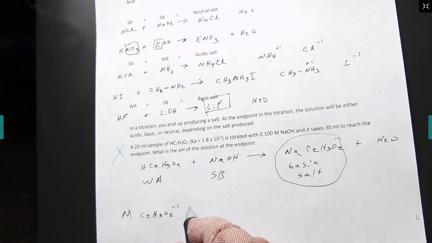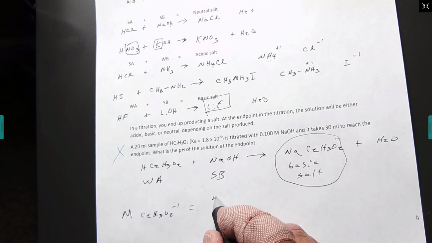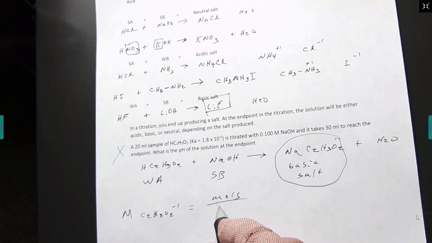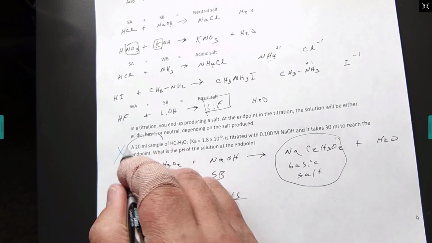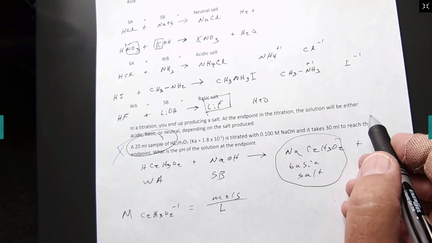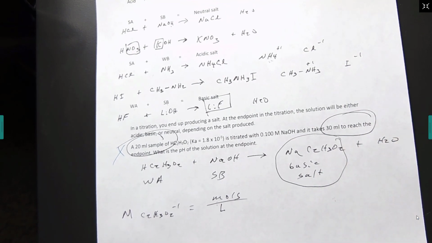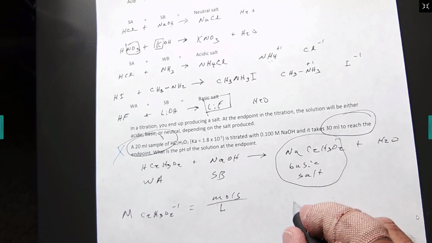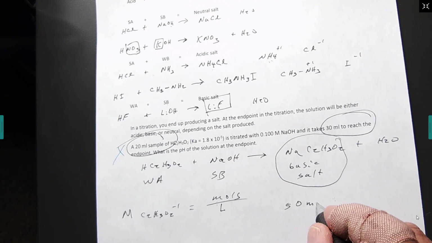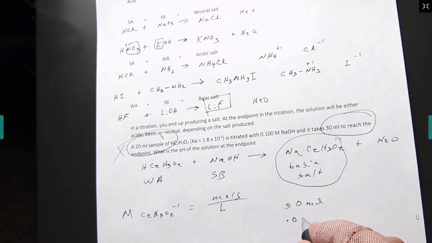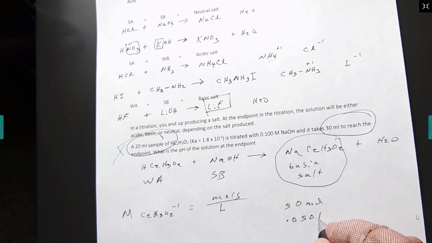If you had to know the molarity of this, it would be the moles over liters. Well, how many liters are in that solution? Hey, you took a 20 milliliter sample and you titrated it by adding 30 milliliters. You added a total of 50 milliliters, which is 0.050 liters. So you're going to have 0.050 there.